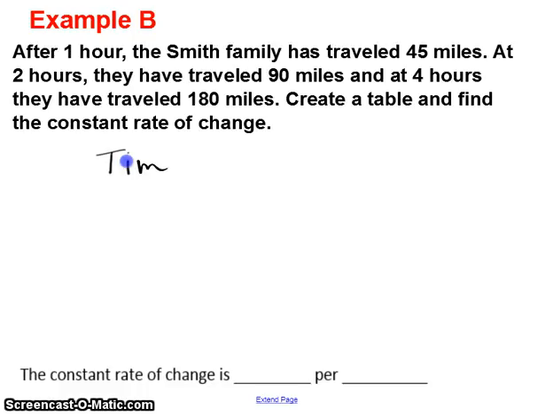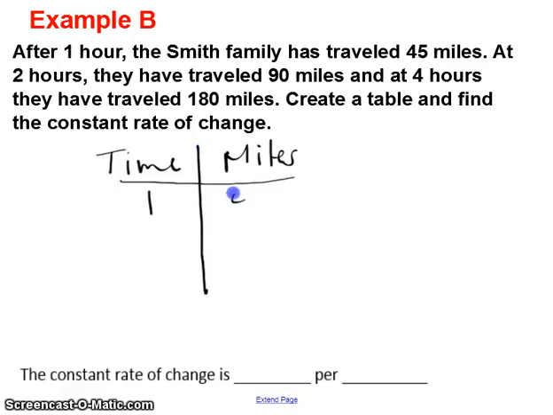Okay, so I've got time, and then I've got miles that they've traveled. So let's put this into a table. So at 1 hour, they went 45 miles, 2 hours, 90 miles, and then it jumps all the way to 4 hours, and they went 180 miles.